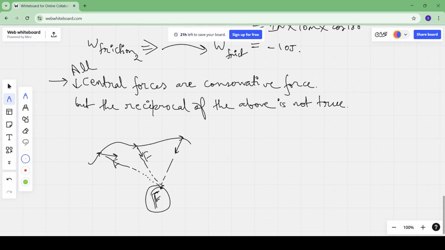It is like a circle with a center, and the direction of force is always towards the center.